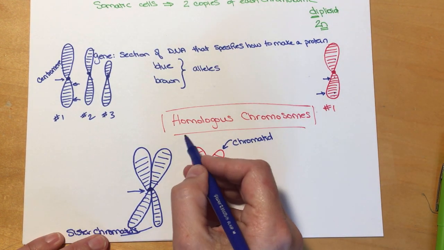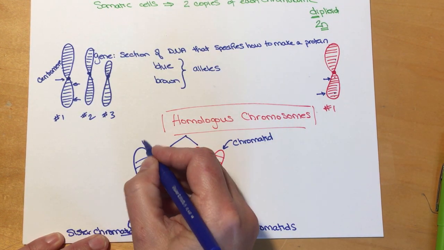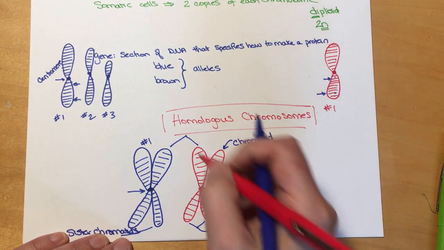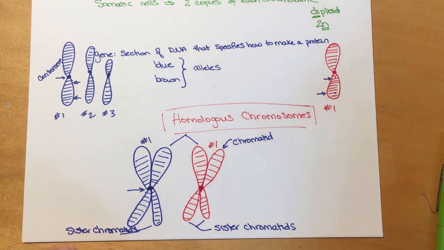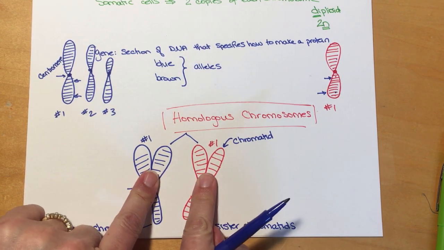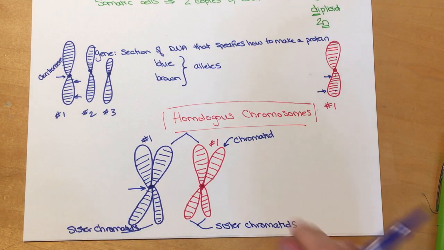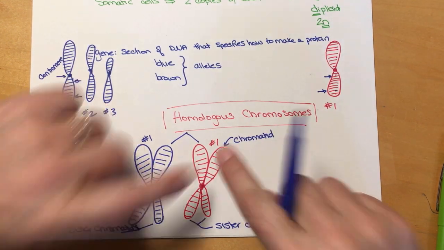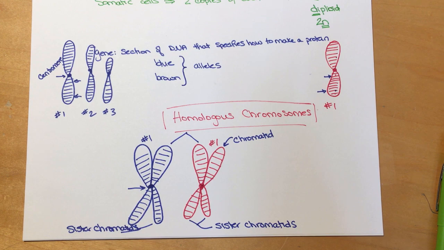We still know that chromosome number 1 from maternal parent and chromosome number 1 from paternal parent are homologous chromosomes. So these two are homologous chromosomes, not genetically identical. These two are sister chromatids, genetically identical.